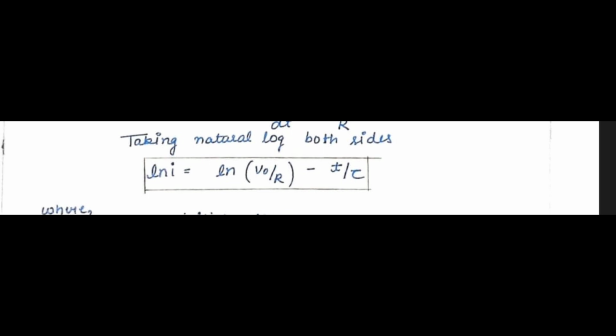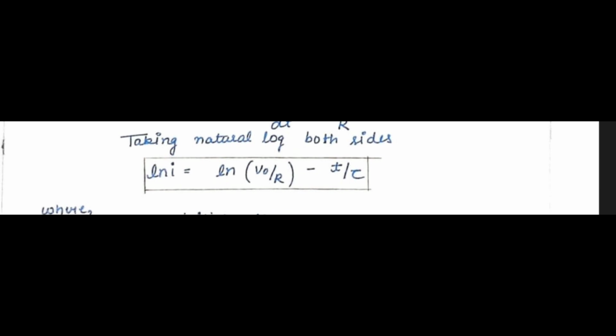Now we know that I is equal to I naught e to the power minus t by tau, so we'll take natural log on both sides and we'll draw the graph, and we can see the formula for the graph where we will compare y is equal to ln I and x is equal to t, and we'll use the linear regression formula and draw the graph, and we will check the deviation.